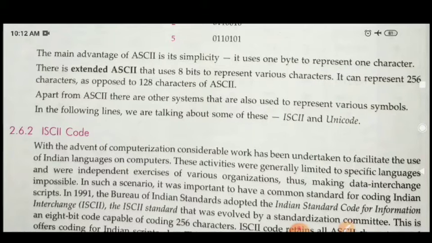It can represent 256 characters as opposed to 128 characters of ASCII. Apart from ASCII, there are other systems that are also used to represent various symbols. In the following lines, we are talking about some of these, ISCII and Unicode.